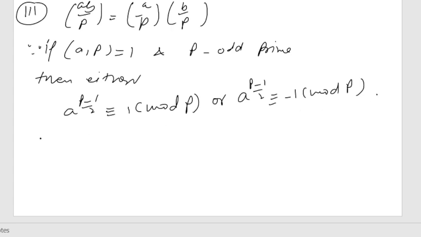But by the symmetric property, so what is the symmetric property? A is congruent to B modulo P implies that B is congruent to A modulo P. Actually, they imply each other. Right? So for the Legendre symbol of AB by P, it is clear that it is either equal to 1 or equal to minus 1.